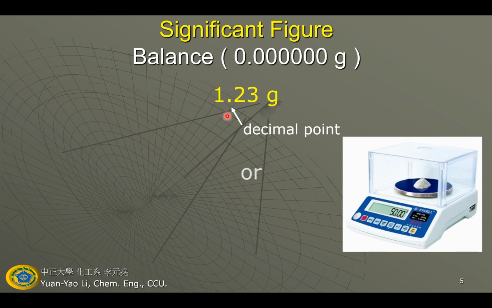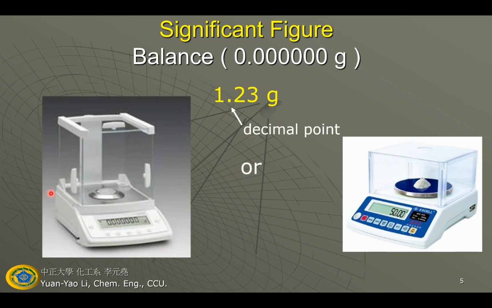Or if you have a balance which has 6 digits after the decimal point, you might write 1.230000 grams. Because you use the same sample, they will normally give you the same answer.